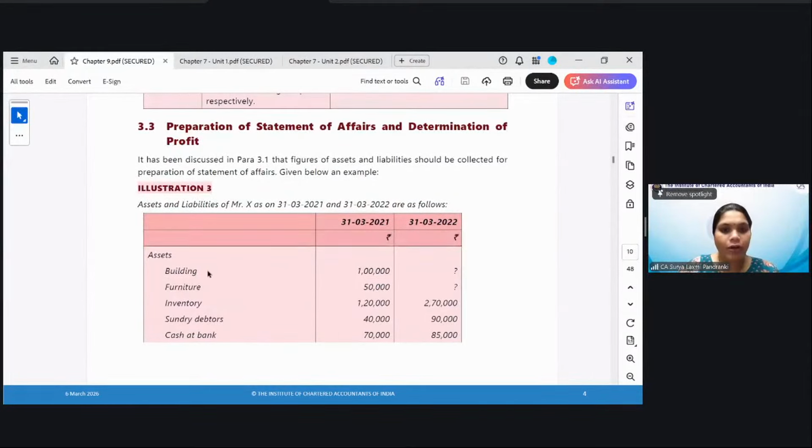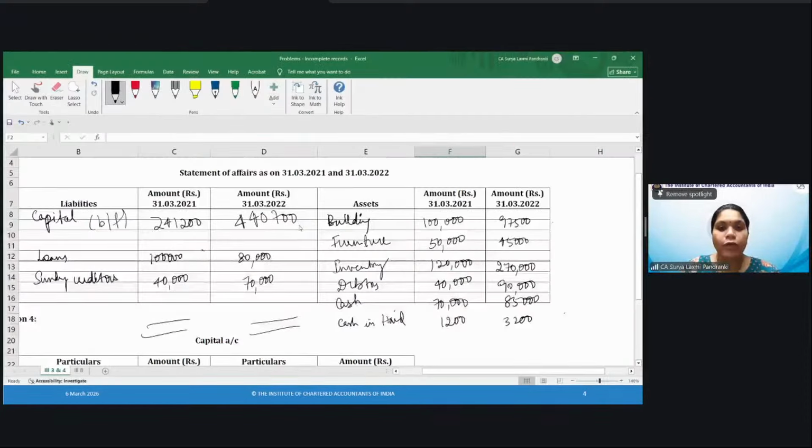That is the incomplete records, right? We don't have the value of capital. That is why we are doing this statement of affairs. Now in the statement of affairs, the capital account balance will come up from balancing. These 2 years we have taken the balancing figure as the capital account balance.